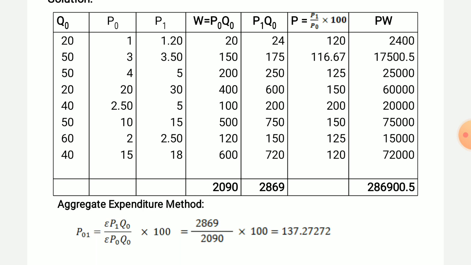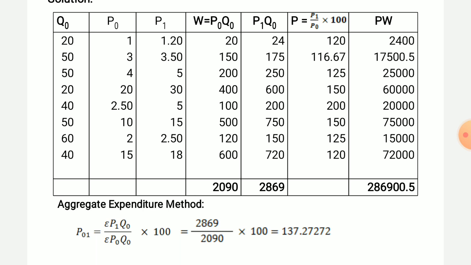So here the consumer price index can be calculated by applying any one of two types of formulae. One is CPI, or P01, equal to sigma PW divided by sigma W, or sigma P1Q0 divided by sigma P0Q0.